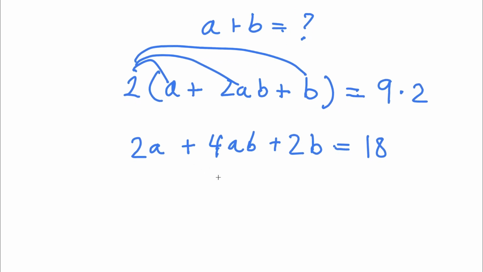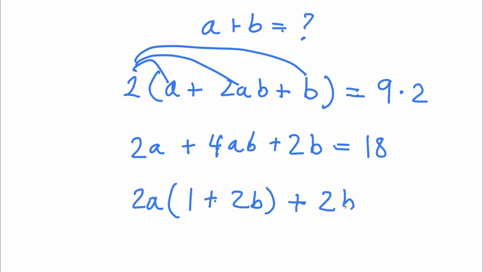So now I'm going to factor out 2a from 2a plus 4ab. So now I have 2a times 1 plus 2b, plus 2b, and this is equal to 18.